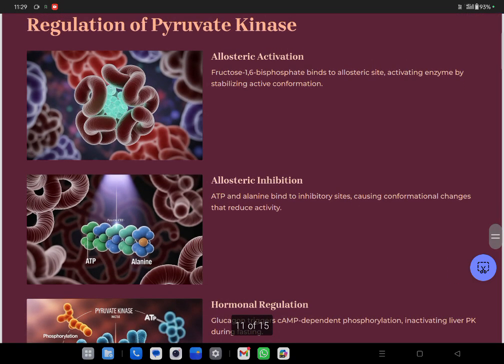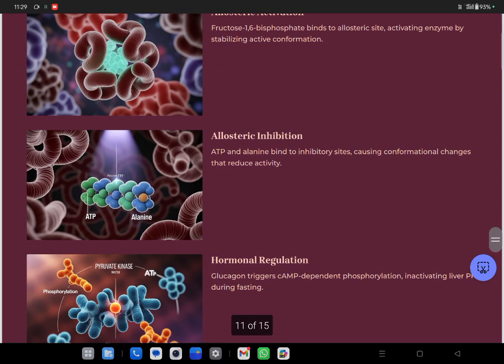Pyruvate kinase is regulated allosterically. You know what allosteric regulation means. Fructose 1,6-bisphosphate binds to an allosteric site, activating the enzyme by stabilizing the active conformation. Allosteric inhibition: ATP and alanine bind to inhibitory sites, causing a conformational change that reduces activity.